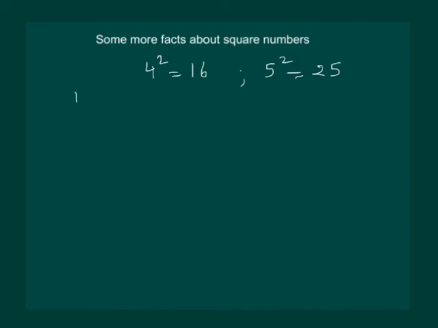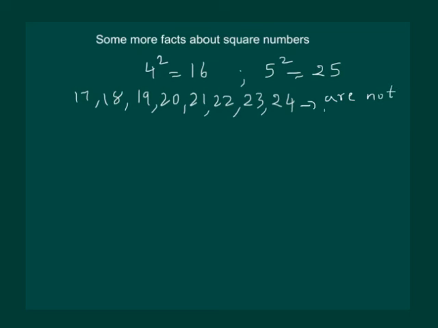That means 17 is not a perfect square, 18, 19, 20, 21, 22, 23 and 24 are not perfect squares. Let us count them: 1, 2, 3, 4, 5, 6, 7, 8. So we see that these are 8 in number.